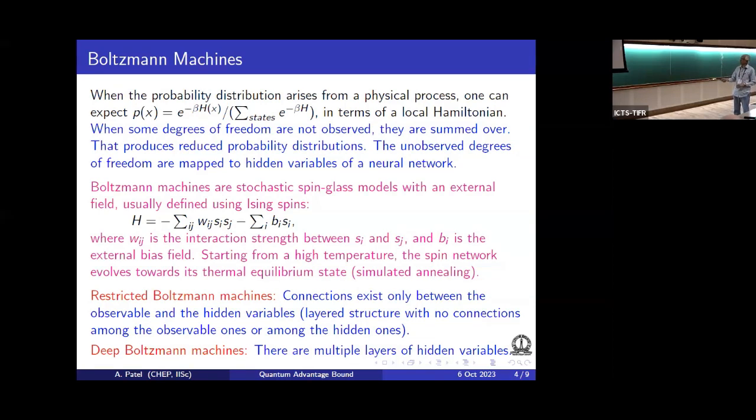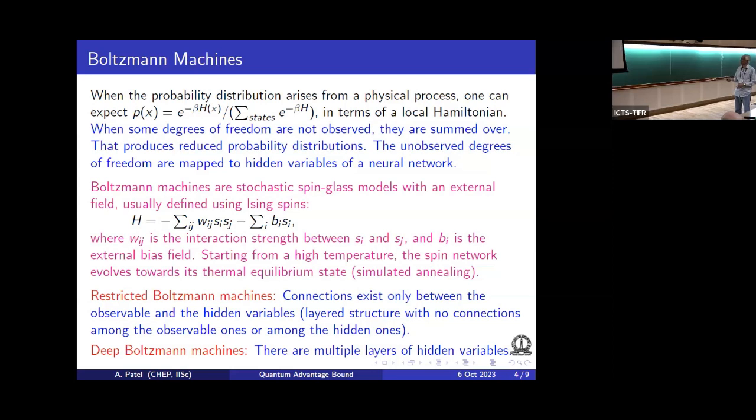And this turns out to be more useful in modeling the system because it avoids all kinds of unnecessary interactions and does a little better job in explaining certain types of data. And then there is something called a deep Boltzmann machine, where there are multiple layers. One layer of observables, one hidden layer, another hidden layer after that, etc. And they have been popularized quite a lot in the neural network analysis. So this is just a kind of terminology.